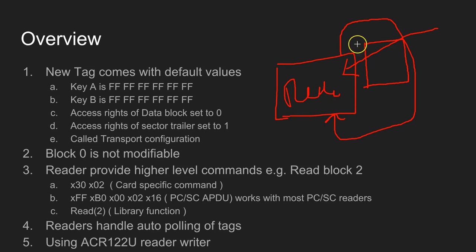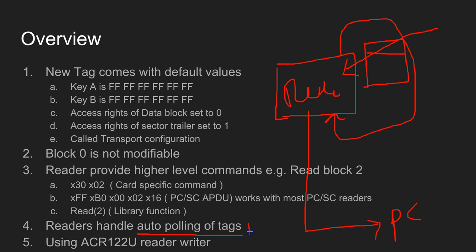As soon as the reader detects a tag entering this magnetic field, it will send a message to your PC or the software about the new tag. Sometimes it will also send the UID of the tag, and sometimes the card is also prepared for read and write operations. So the auto polling feature is what you would expect from any reader. By having the reader auto polling, we are going to avoid sending lots of commands to initialize the card.